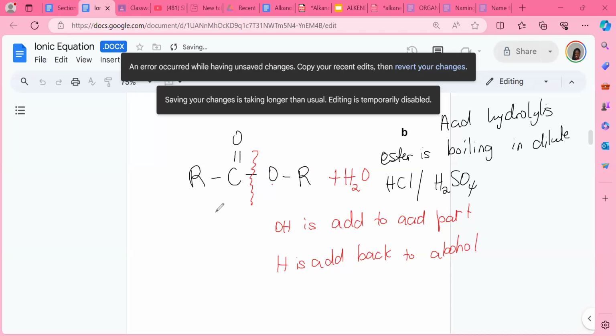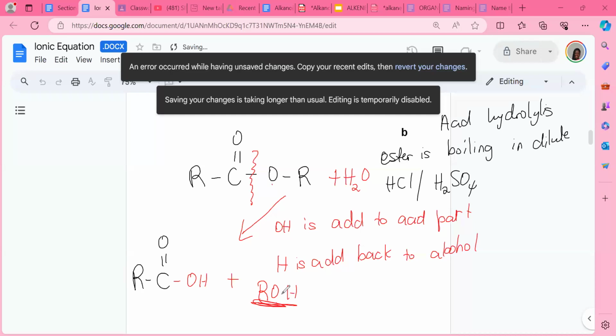So what I'm going to end up with is the acid part right here where the C double bond O is. To that part, I'm going to add OH. And to the alcohol part, I am going to add H. So this is what I end up with.